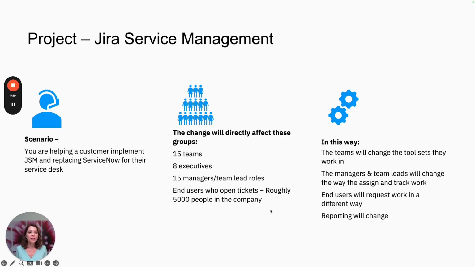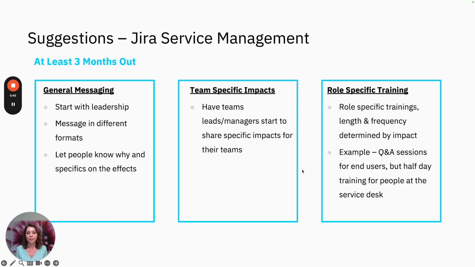So this team will be changed by the tools that they're going to use to access their backlog, to see work, to see priorities for them. It's going to change the way that managers and team leads will assign and track work on their teams. And then end users are going to request tickets in a different way and track them. And then, of course, reporting will change.